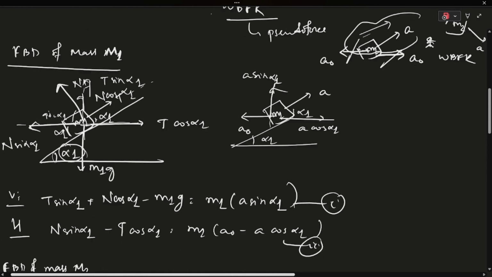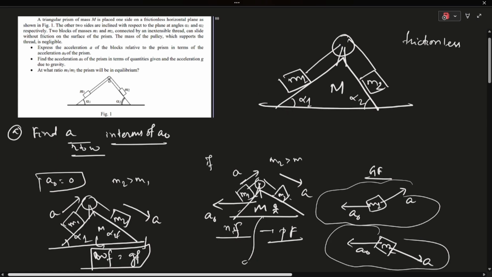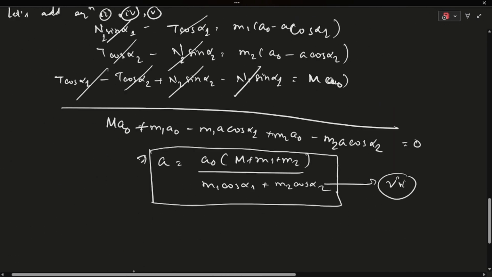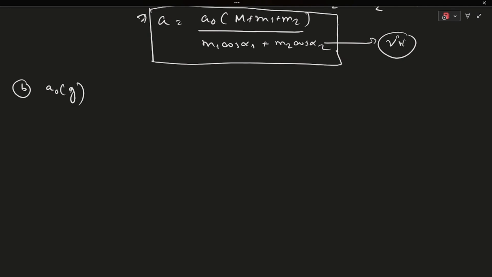Now the B part: find the acceleration a naught of the prism in terms of the given quantities and the acceleration g. We have to find a naught in terms of g.